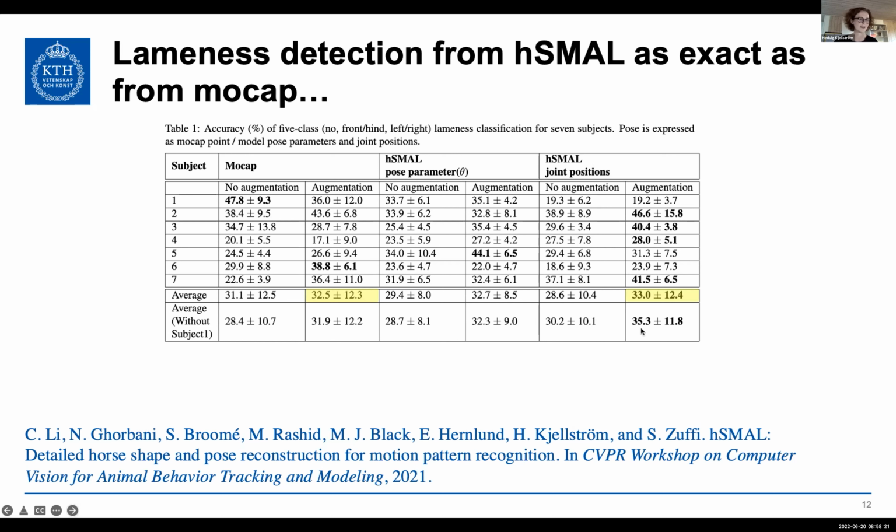So if we take that away, the trend becomes even clearer that it seems that HSMAL actually extracts even more information from the mocap. But it's just a hypothesis, so we have to verify it. But at least it retains all the important biometrical information. And we were happy about that.